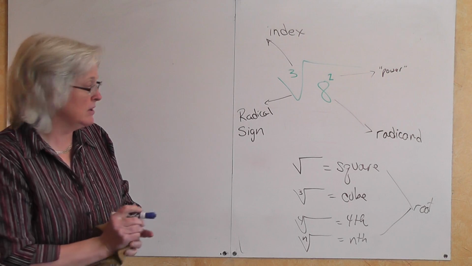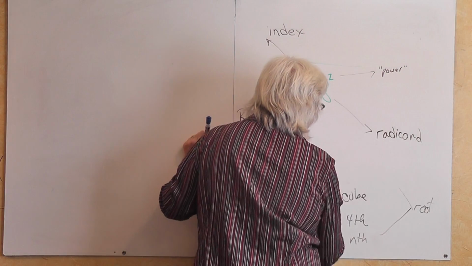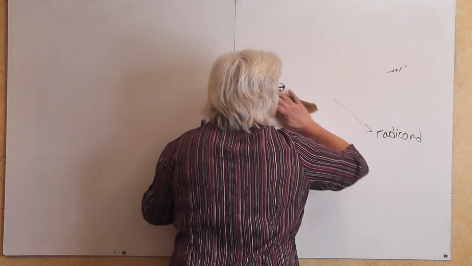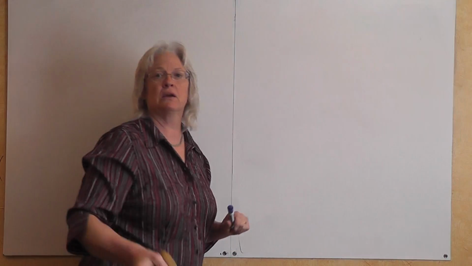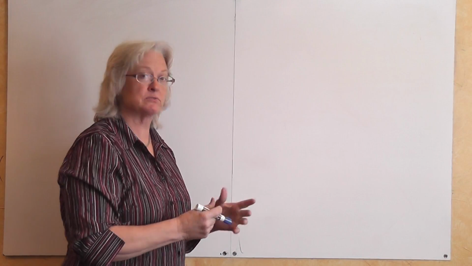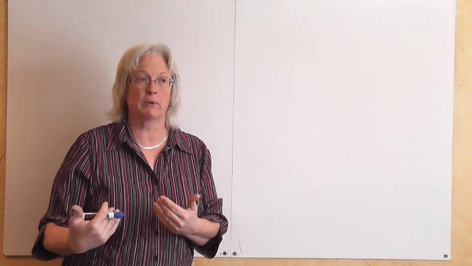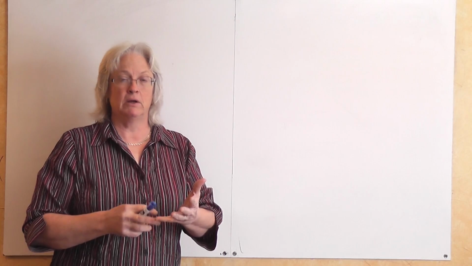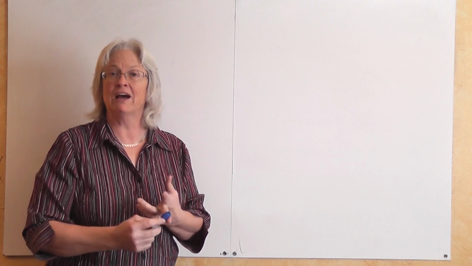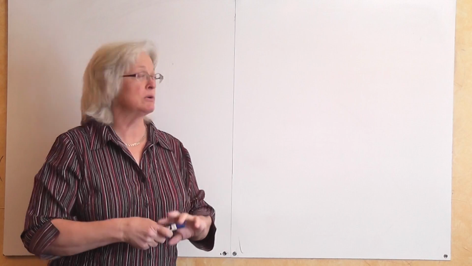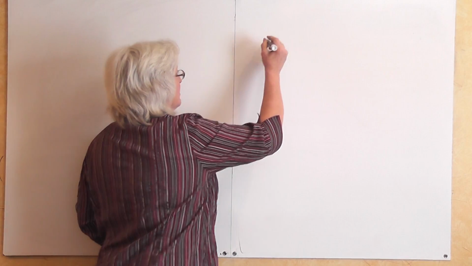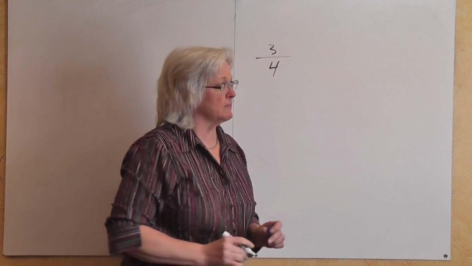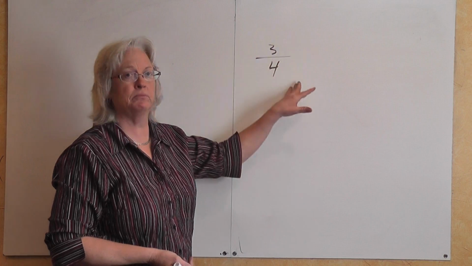You can have square roots of rational numbers, square roots of irrational numbers. Let's think what a rational number is. Remember, way back at the beginning of the year, we talked about different subsets of numbers. You can have integers, whole numbers, natural numbers, and rational numbers. Rational numbers are numbers that can be expressed as a ratio, okay?